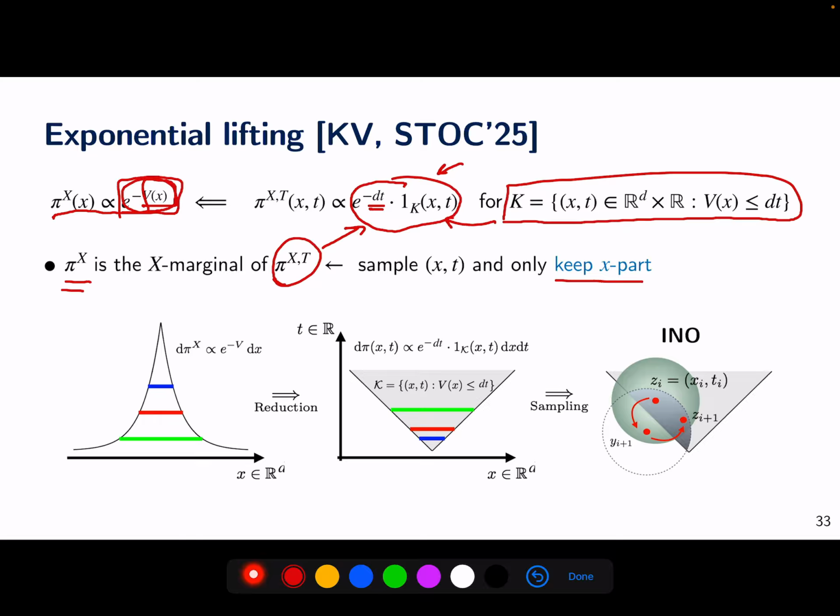So you can analyze it and establish some guarantee there. This is a pictorial illustration of this process. By reduction, you go to a one-dimension-higher space, and then you sample from this exponential distribution through the In-and-Out algorithm like this.